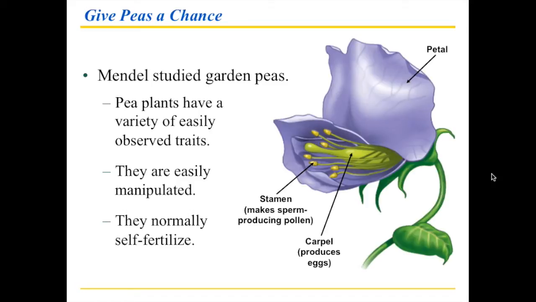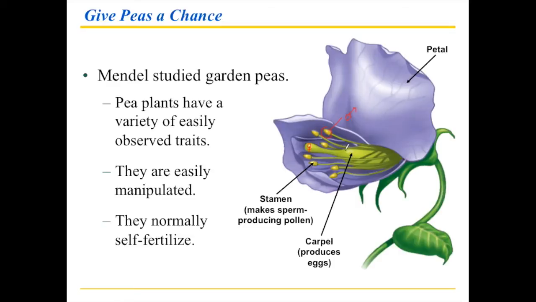And when you look at what that pea plant looks like, you have here in the center, this is a carpel, this is the female part. And then you have around it various of these male parts called stamens.